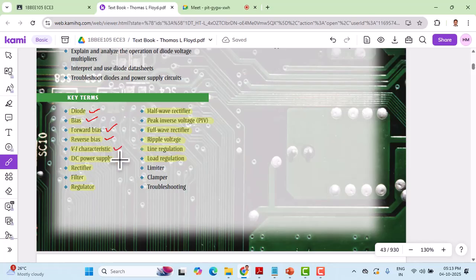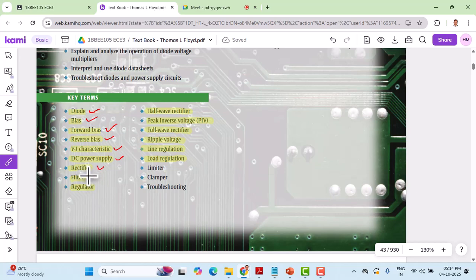We need to study how to design a DC, direct current, power supply, which consists of various sub blocks. The major or basic element in this DC power supply is the diode. Within the DC power supply, the first block after the transformer is the rectifier circuit.